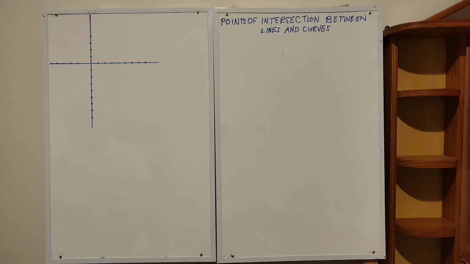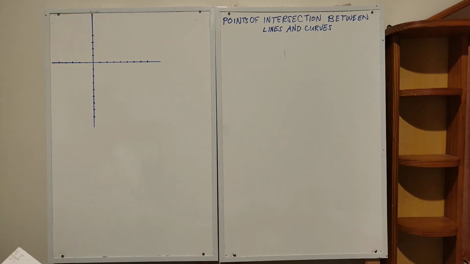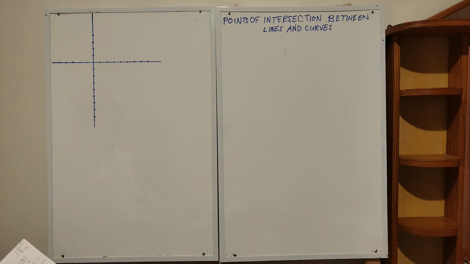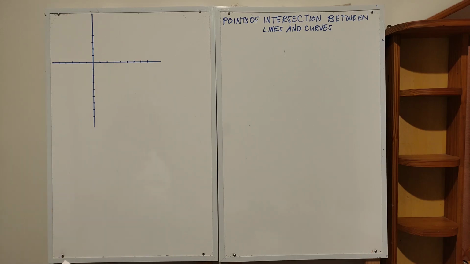So before discussing the intersection between lines and curves, I just would like to explain the equation of a perfectly vertical line or perfectly horizontal line.